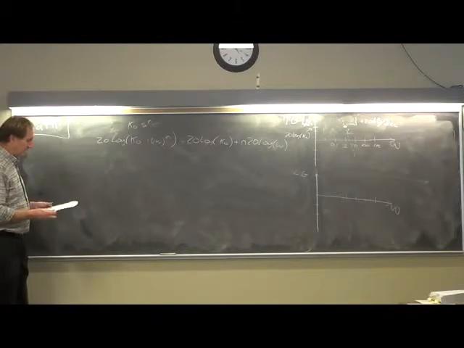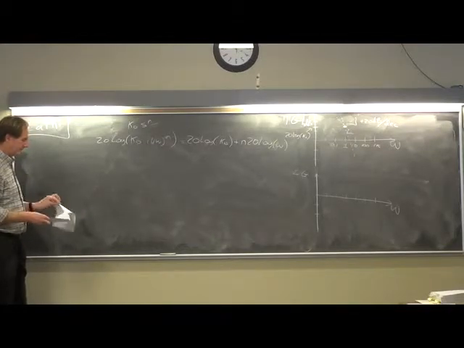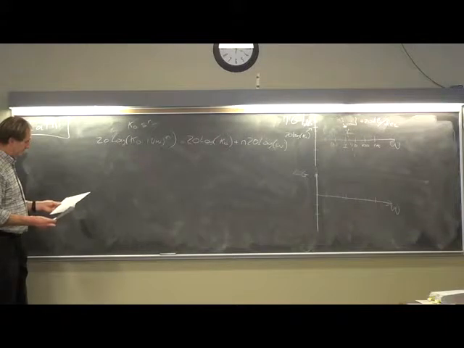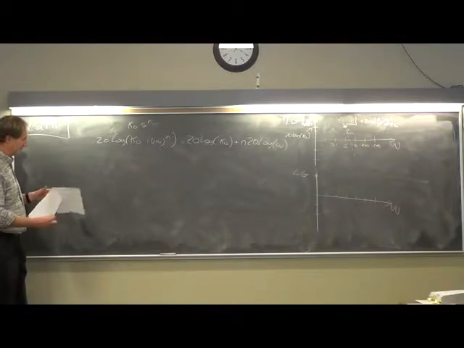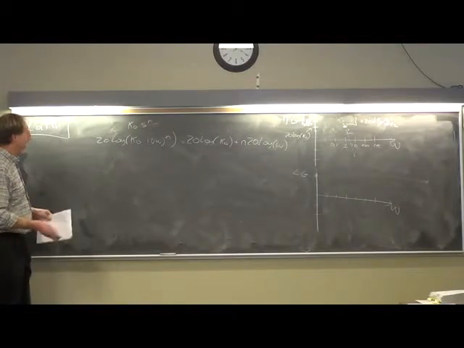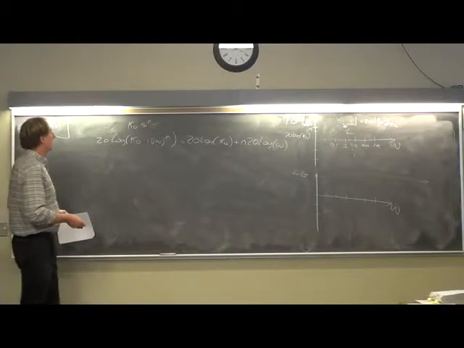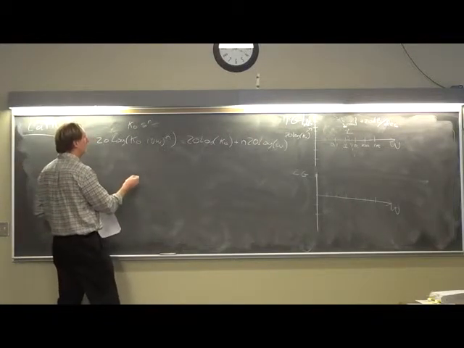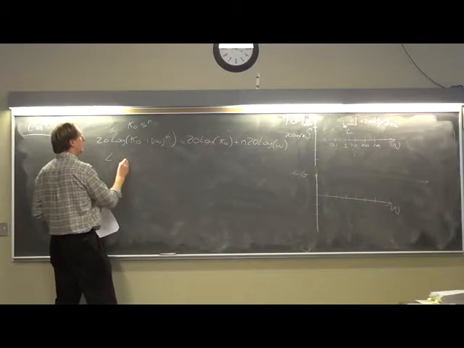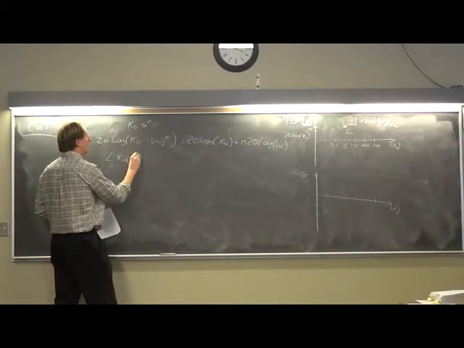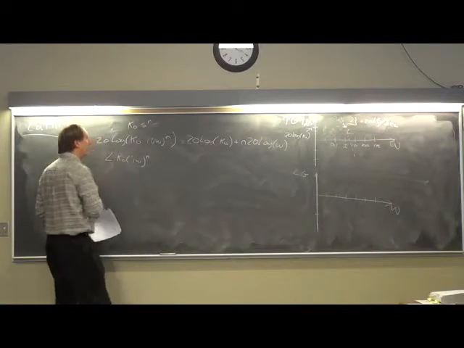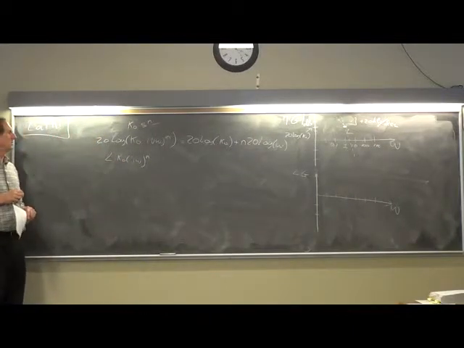What's the angle? We're talking about the angle of K0 times j omega to the nth power. Well, what if n was positive 1?